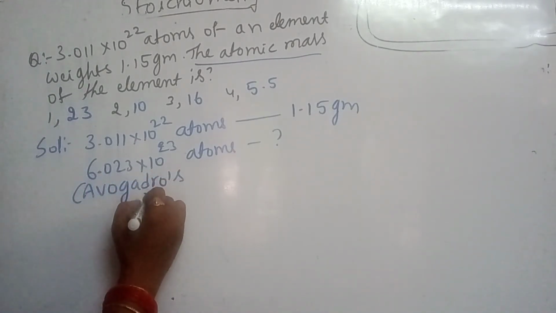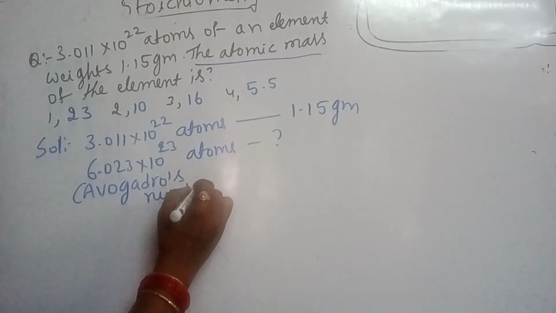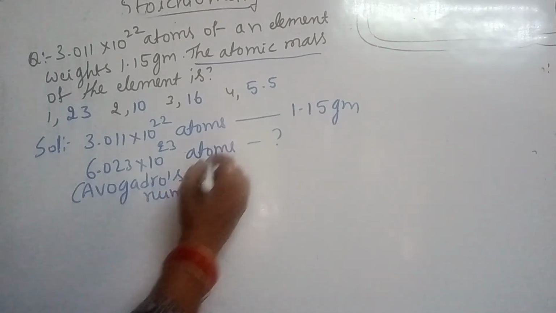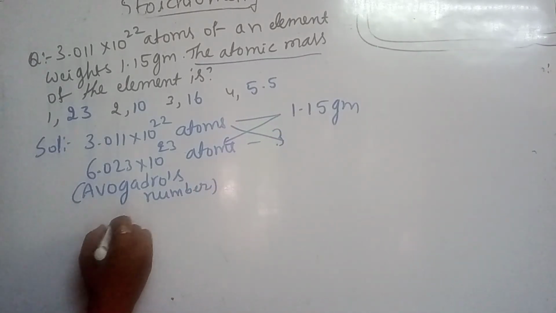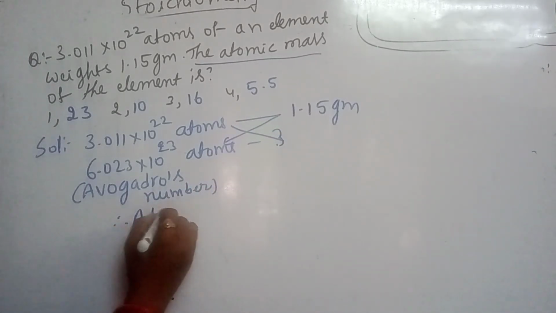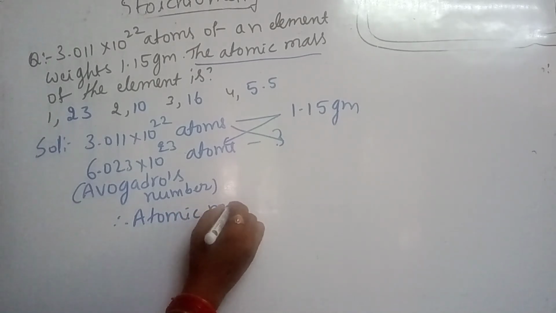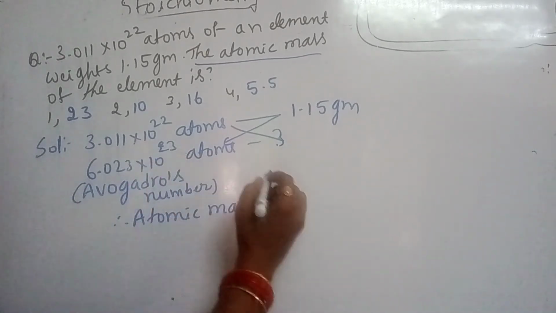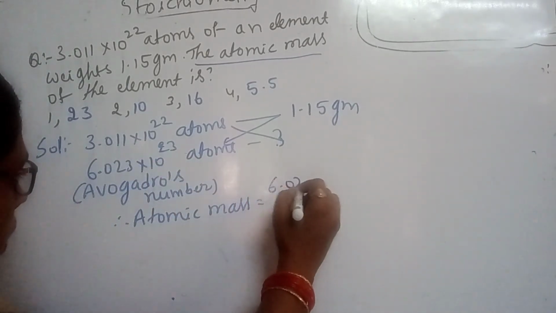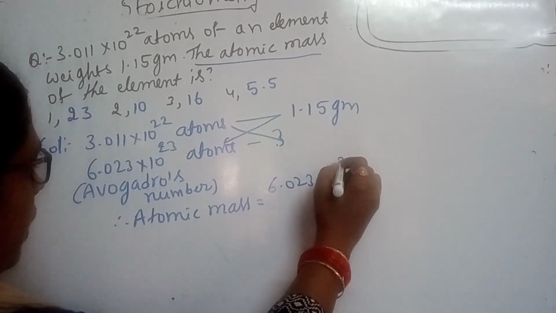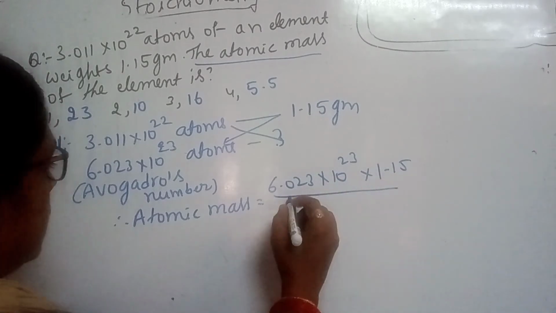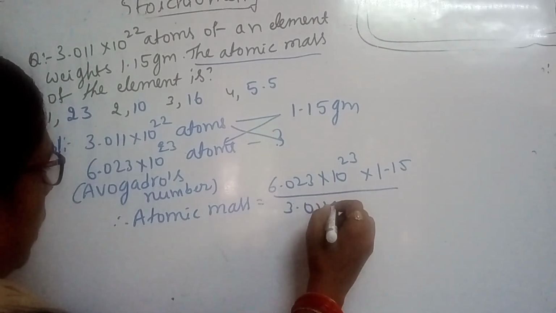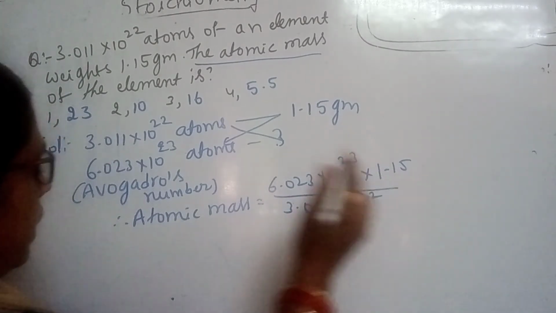So cross multiply. Therefore atomic mass is equal to 6.023 into 10 to the power of 23 into 1.15 by 3.011 into 10 to the power of 22.